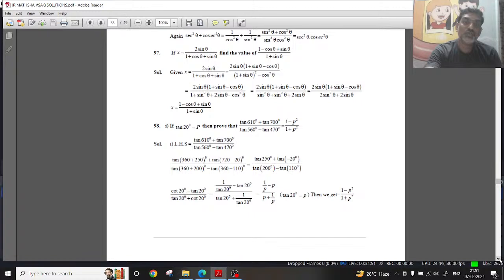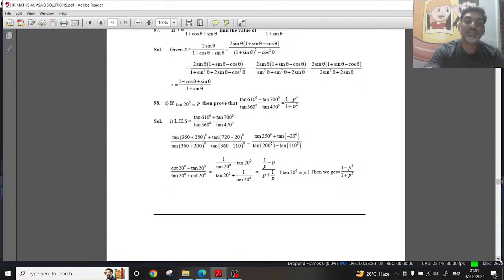So 250 more, then directly we can write tan 250, and 700 which is closer to 720, so minus 20, 560 plus 200, 470 plus 110. Now try to express everything in terms of 20. 250 is there, 270 minus 20, 200 is there, 180 plus 20, 110 is there, 90 plus 20. Like that everything is expressed in terms of 20, and substitute tan 20 equals P and simplify. That's it.